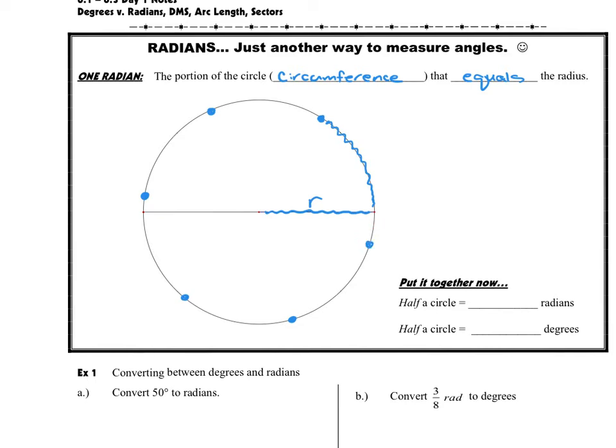Now, we want to understand how much is this little more on the left and the little more on the right. So we're going to go back to our definition, okay? The definition of a radian says it's a portion of the circle, so that's circumference. So let's recall our definition of circumference, which is 2 pi r, okay? Now, if we define our radius as 1 unit, then we can do a substitution and see that the circumference of our circle is 2 pi.